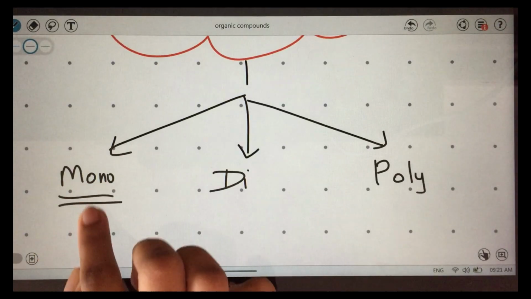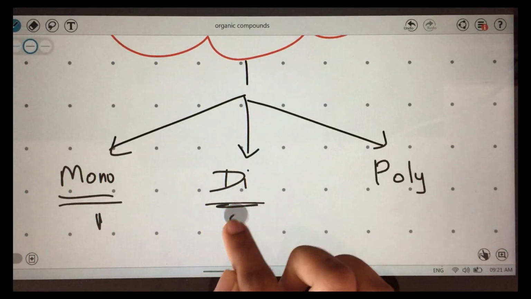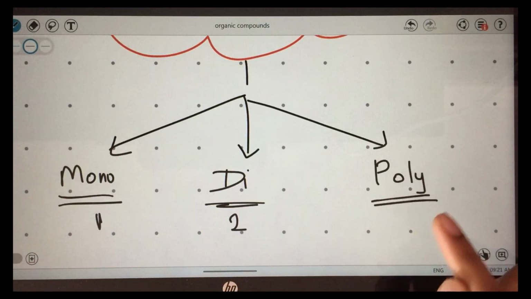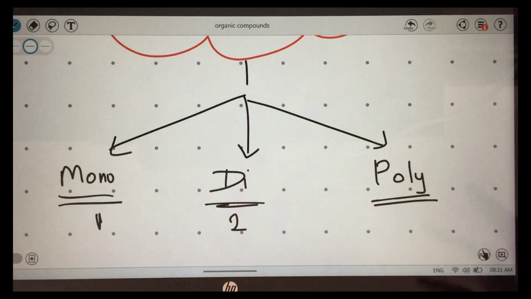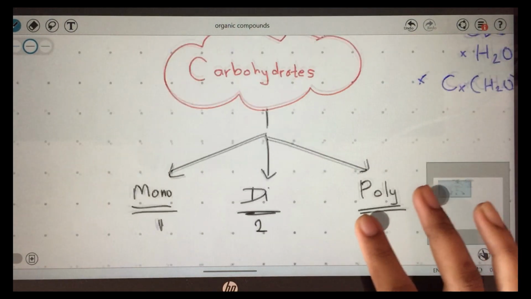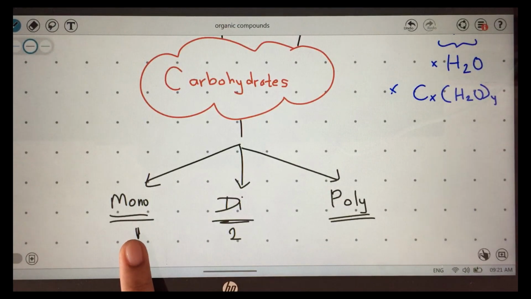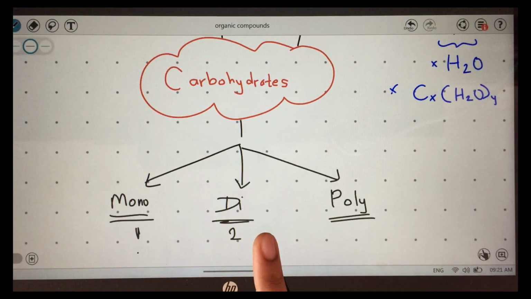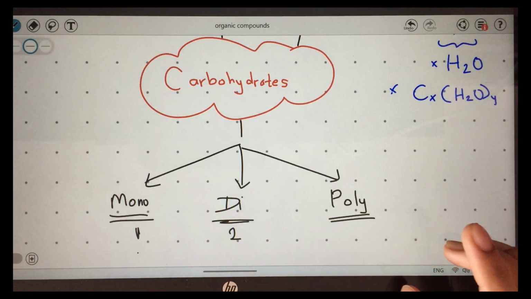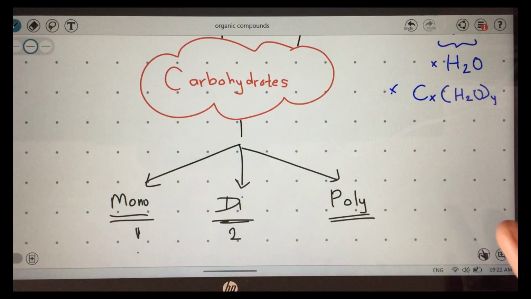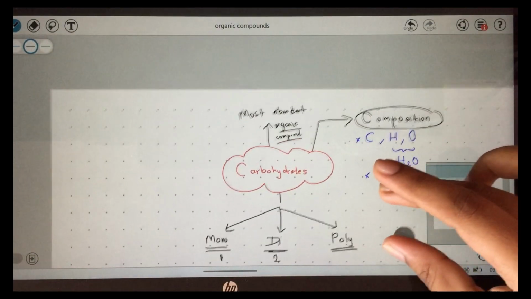Mono means one, di means two, and poly means more than two. So if there is one sugar, you call it monosaccharide, two sugars disaccharide, and more than two polysaccharide. So that's a basic idea about carbohydrates.